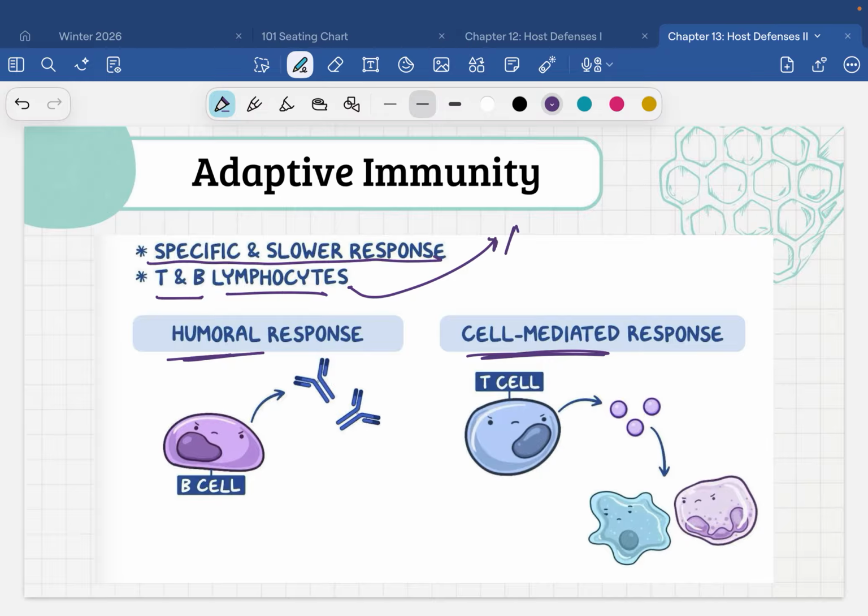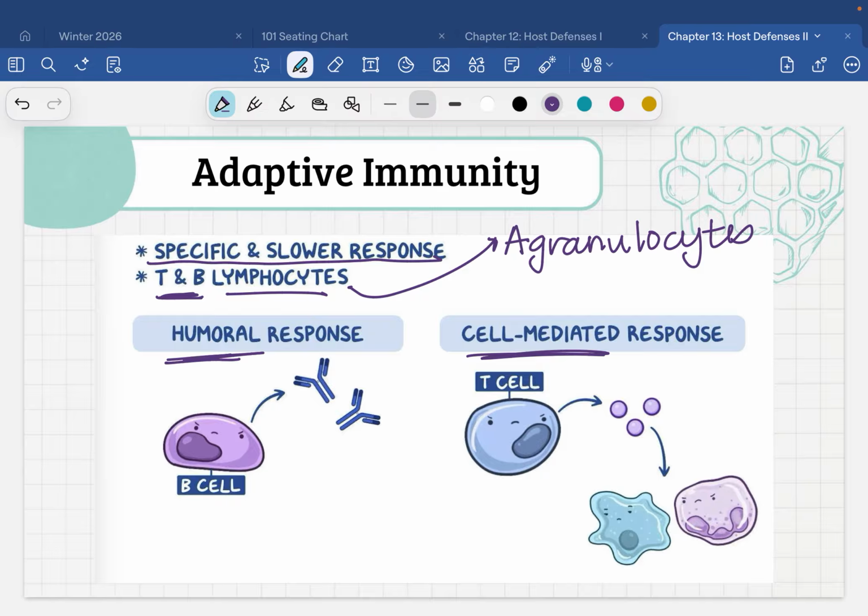And lymphocytes are agranulocytes. So they're another type of agranulocyte. And there are two types. We have B lymphocytes and T lymphocytes. But lymphocytes are the main components, I guess, of the adaptive immune system.